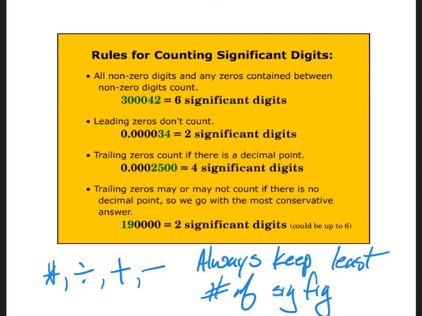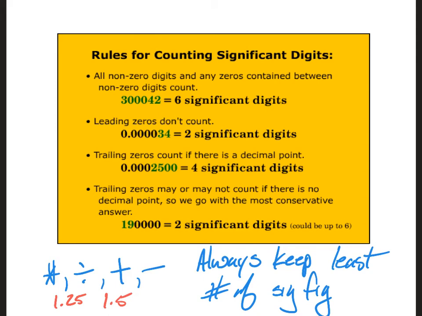Okay, so if we want to do any mathematical operation, for example, with the numbers 1.25 and 1.5, we want to multiply them, divide them, add them, subtract them.